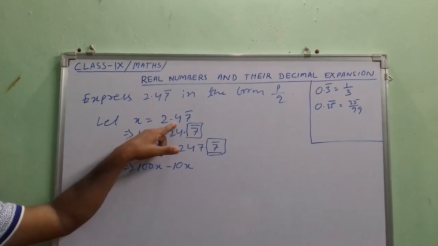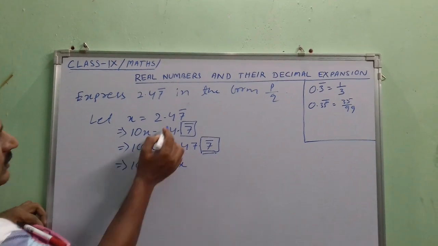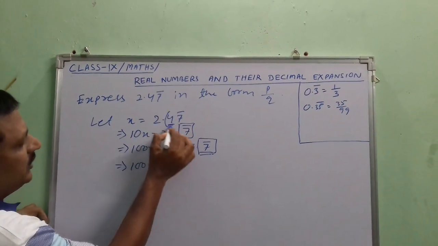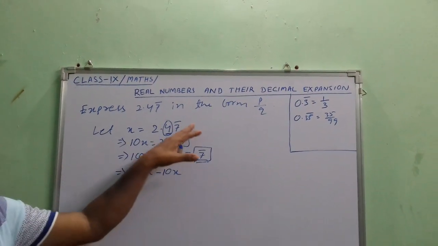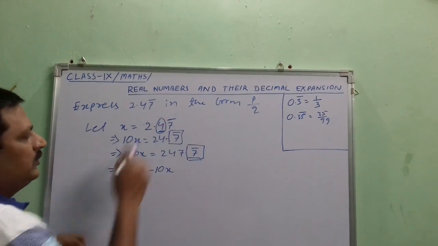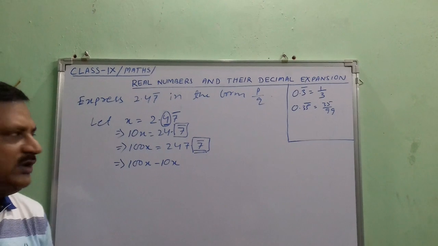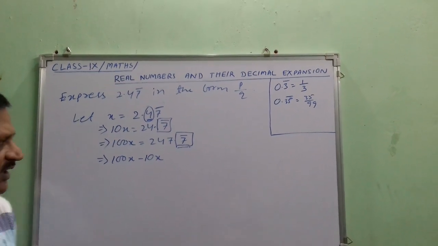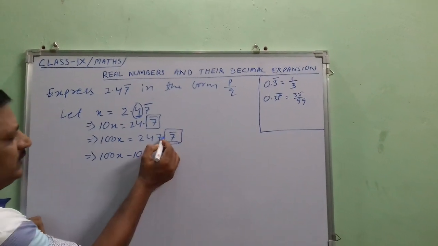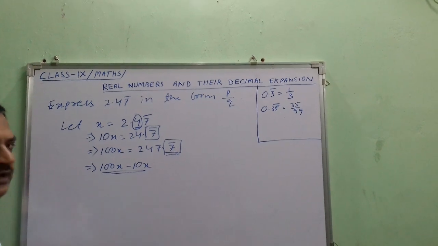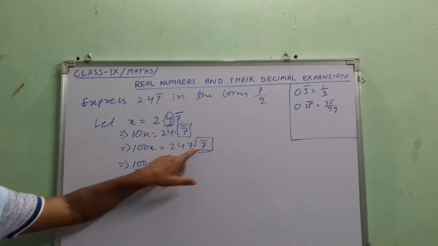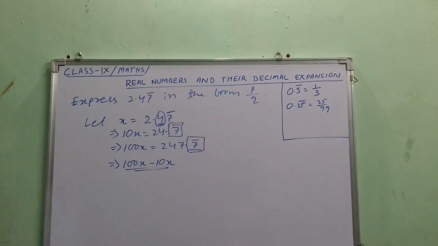If we subtract x here, you see there is one whole number part which is not under the bar. So if I subtract x, then we shall get no conclusion, right? So before subtracting, we have to see the latter part after the decimal point.